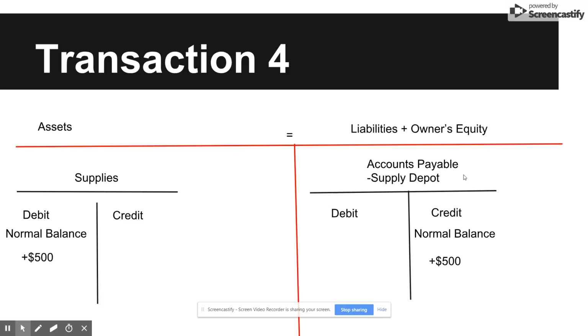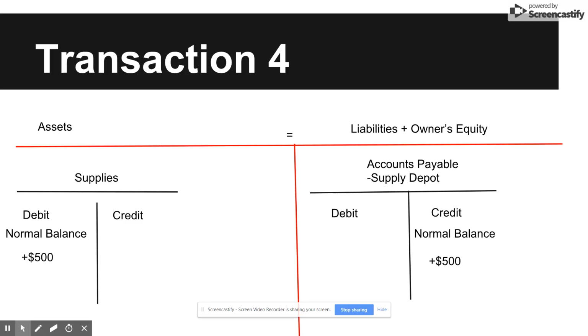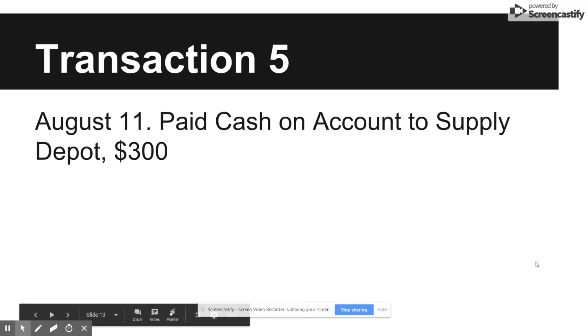And then our accounts payable Supply Depot, accounts payable is a liability account. Liability accounts have a normal balance on the credit side. So the amount that we owe Supply Depot is increasing, so we want it to go on an increasing side. So that is $500 on the credit side. And then again, notice that debits equal credits here. We debited supplies for $500, we credited accounts payable Supply Depot for $500.